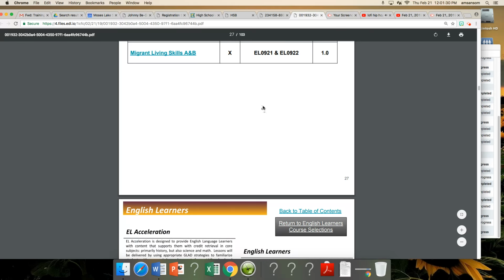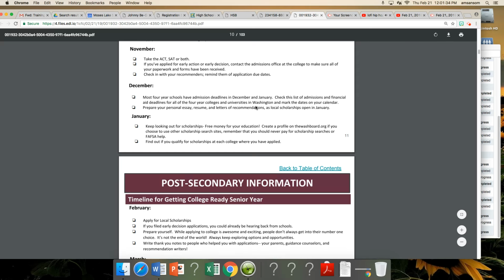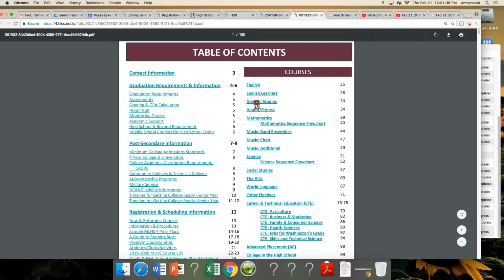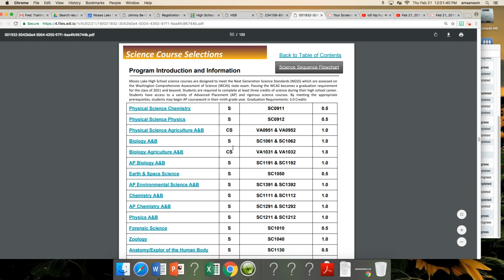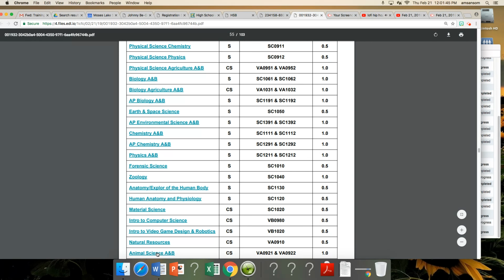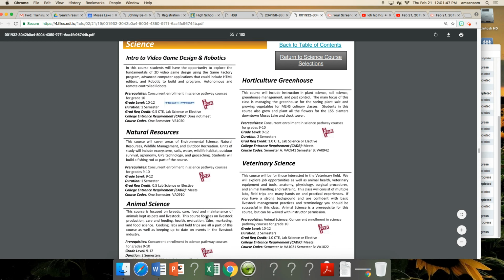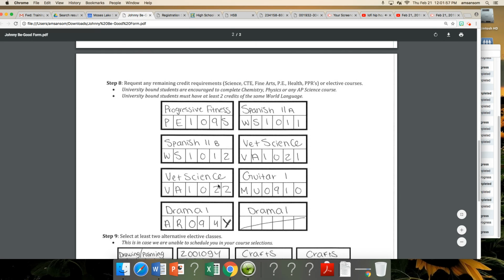So he sees, for example, if I get to the science, at the very top, he goes to the science, and he goes to the animal science and veterinary science. So right here, veterinary science, he sees that a prereq is animal science. He already took that, so he knows that he can take vet science. So he signs up for the vet science class with the course code.